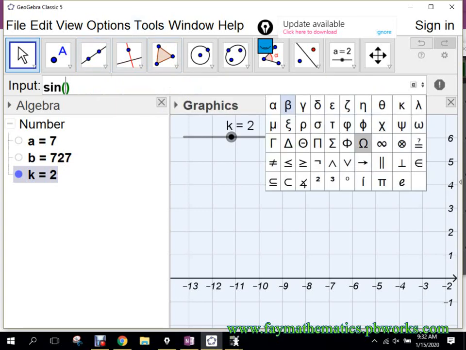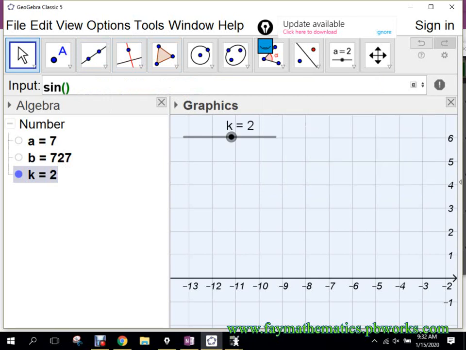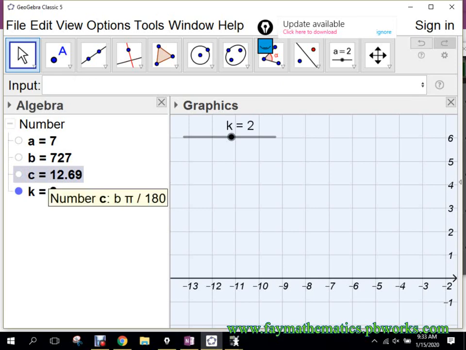I don't know if I put that degree symbol in there whether it will do it or not. But what I'm going to do is take B, because B is an angle measurement, in degrees, and multiply by pi over 180. That number is the same in radians as the original number is in degrees. Does that make sense?